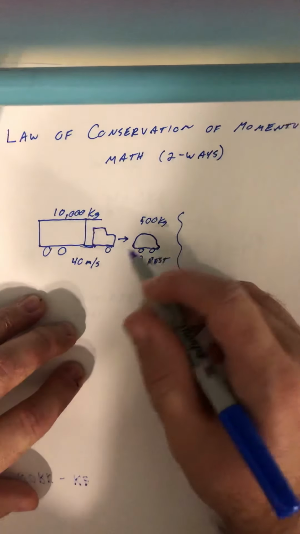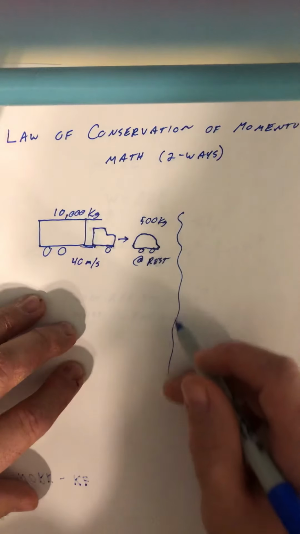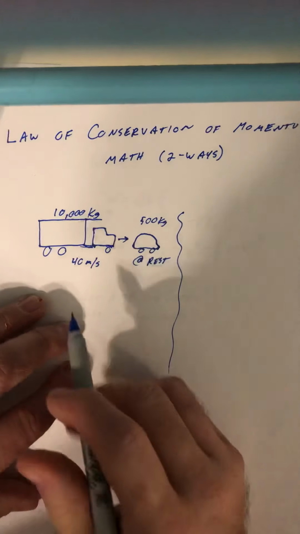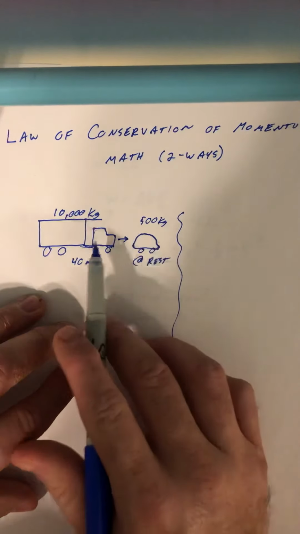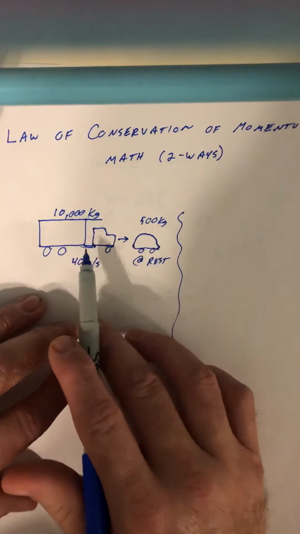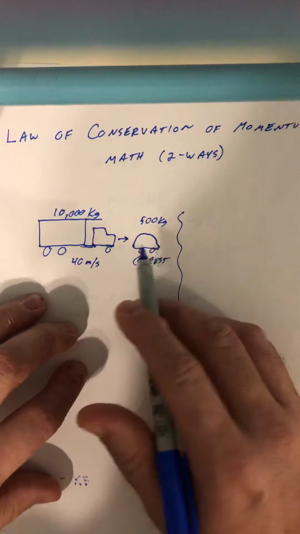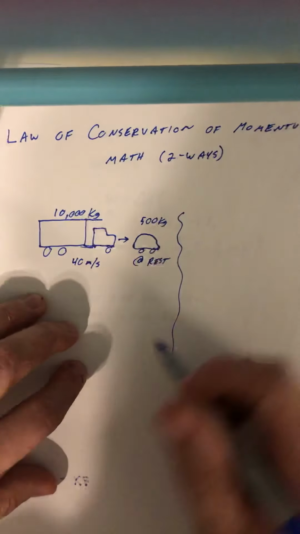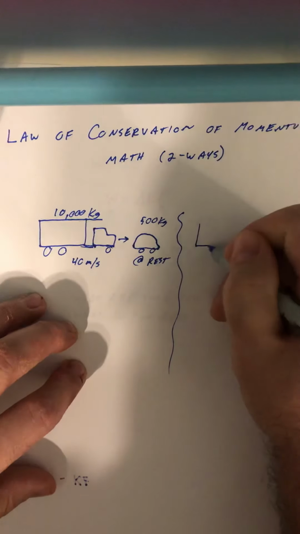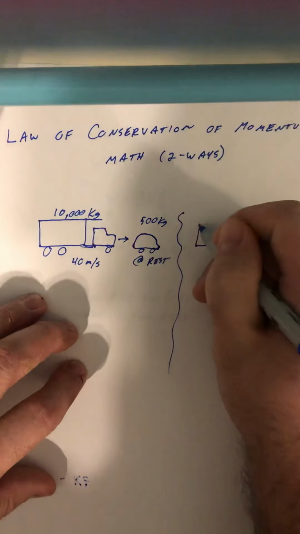Now we are going to have a collision. I call this little squiggle right here my collision line, because that tells me that whatever happened before, I'm still going to have the same total as what I have after. So what I have to look at is what objects I still have after. I'm still going to have a dump truck.